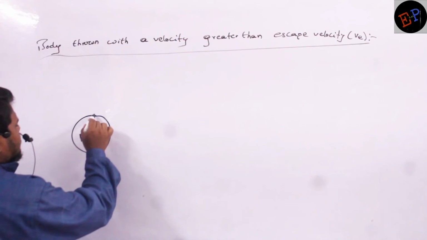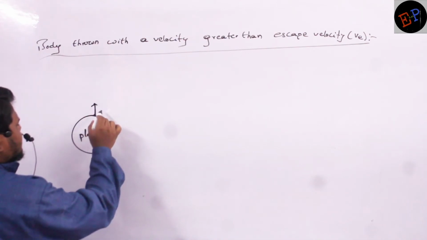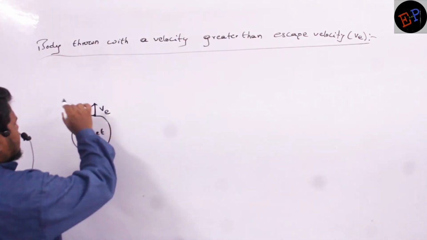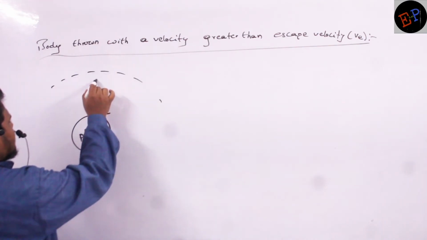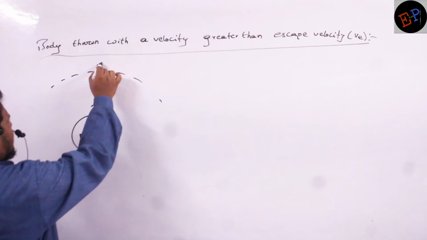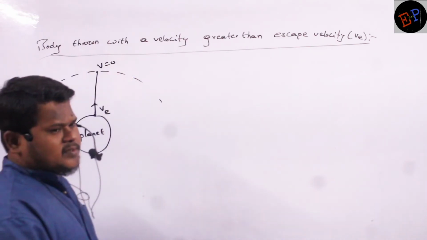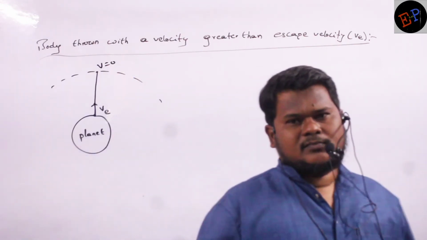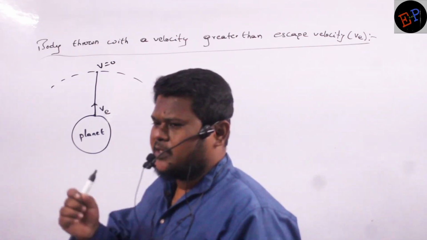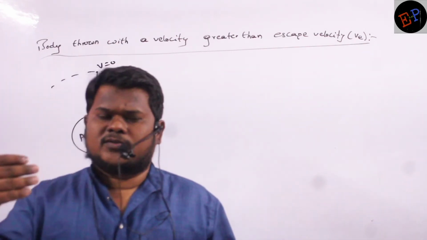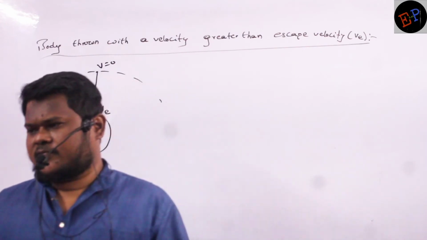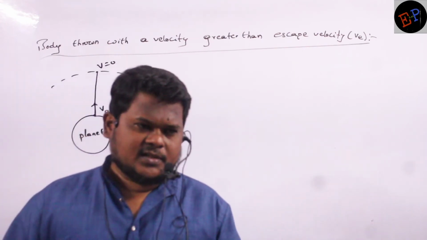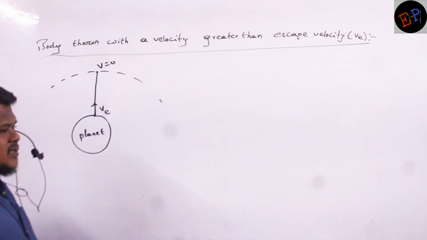What is that velocity with which I throw the body such that just after crossing the gravitational field, that is, just after reaching this position, the final velocity becomes 0? That is called escape velocity. So escape velocity means the minimum velocity required to cross the gravitational field. It means just after crossing the gravitational field, the final velocity should be 0. That is called escape velocity.